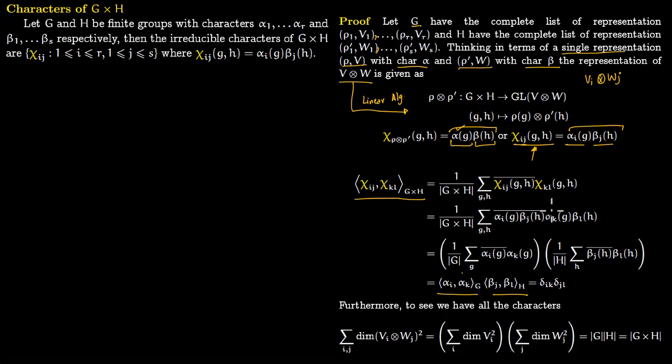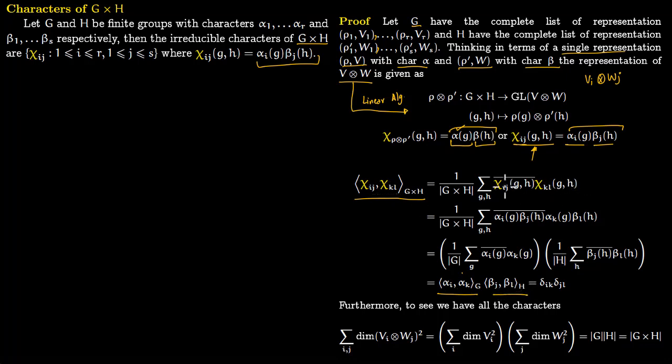So this should depend on the product of characters alpha i and beta j, just because after all, this g times h depends completely on this, so irreducibility should be preserved. So this just comes by following the definition. So this is what we have to prove, this is equal to this, and that will make sure that what we are writing here as irreducible characters makes sense, because it has to be a product like this. So just follow the definition.